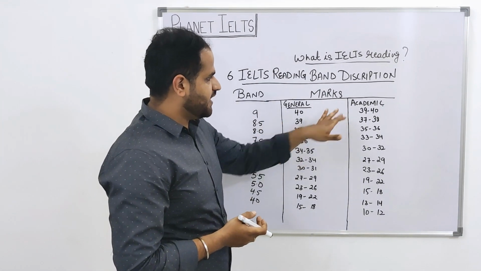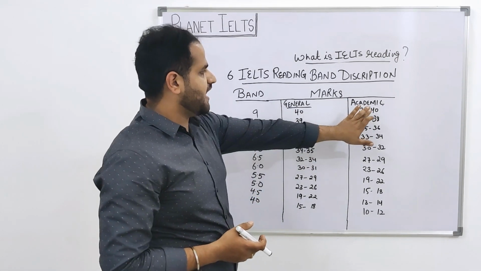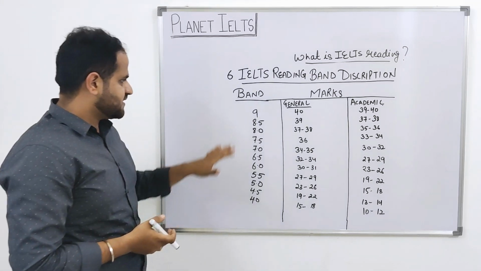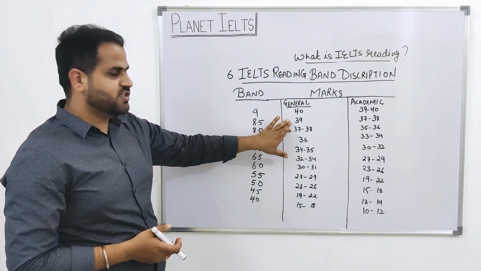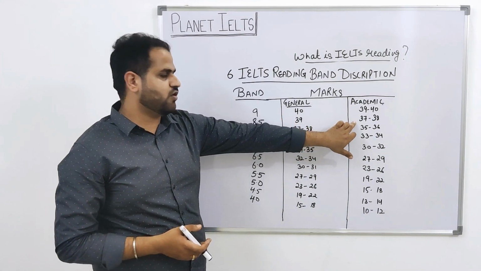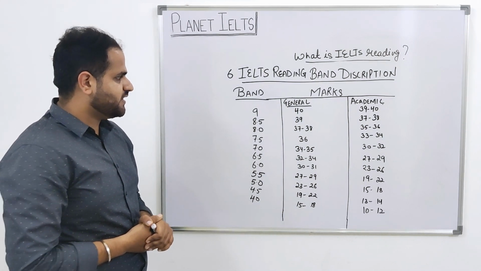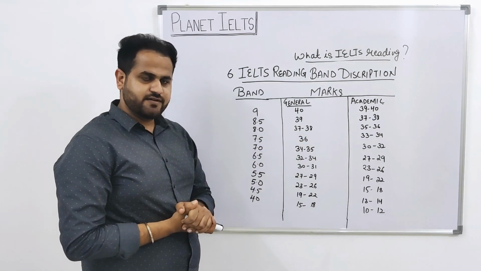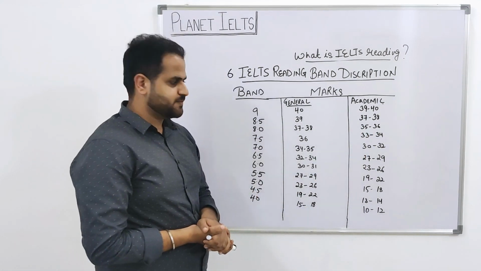Whereas in academic IELTS, for the same band, you need to score 39 and 40. Similarly, for 8.5, you need 39 in general, whereas in academic, you need 37 or 38. For 8 bands in general, you need 37 and 38, whereas in academic, you just need 35 and 36 marks.